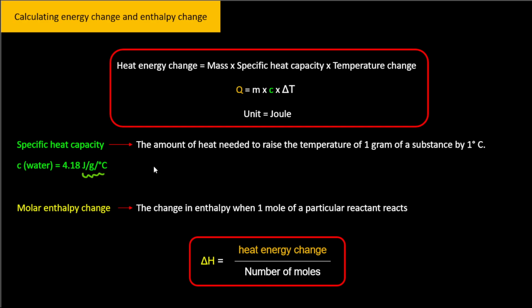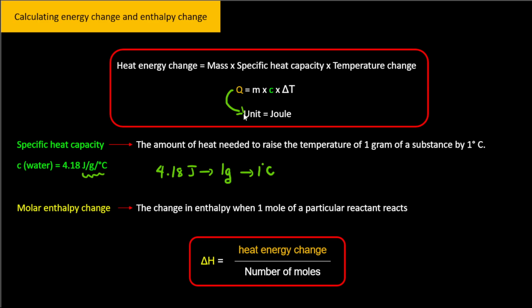It means that we need 4.18 joules of energy or heat to raise the temperature of 1 gram of water by 1 degree Celsius, and the value for C is always going to be 4.18 if we are using water or a water-based solution such as aqueous. Okay, and delta T is simply our temperature change. The unit of Q, as you learned from physics as well, is simply joule.